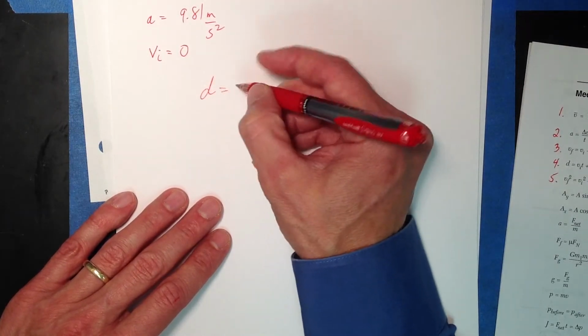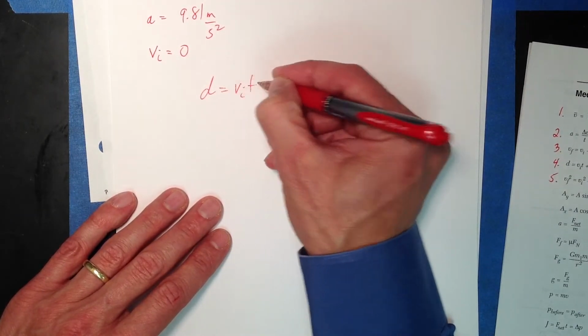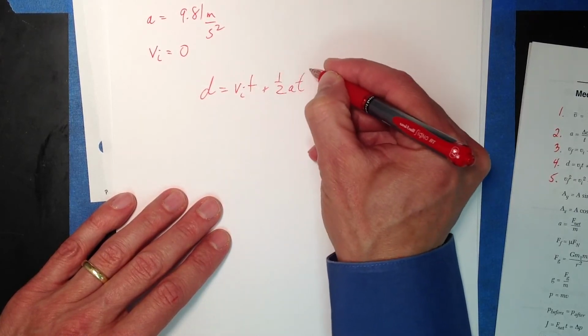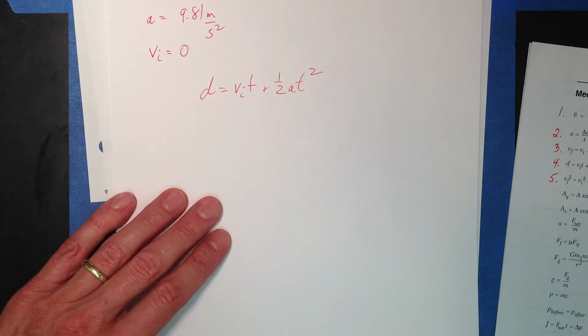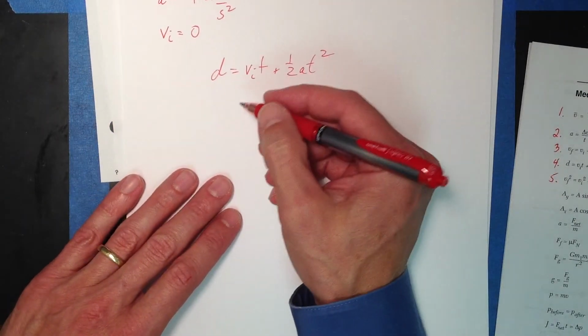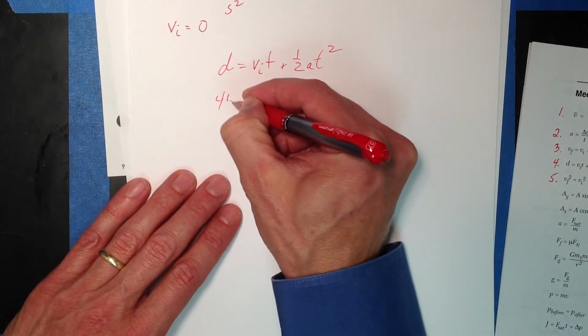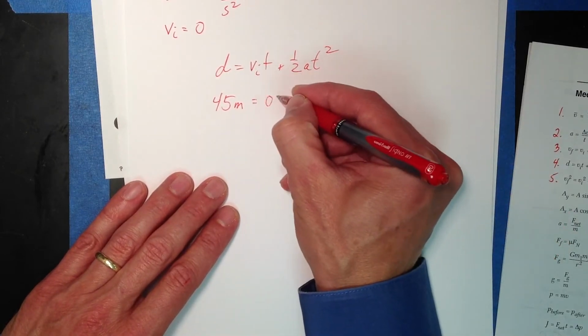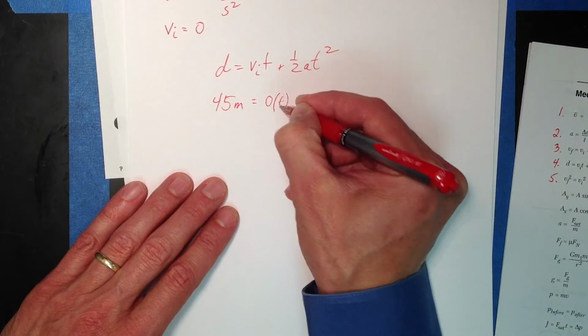D equals VIT plus 1/2 AT squared. Okay, D I know is 45 meters. Initial velocity, that's 0 times time.